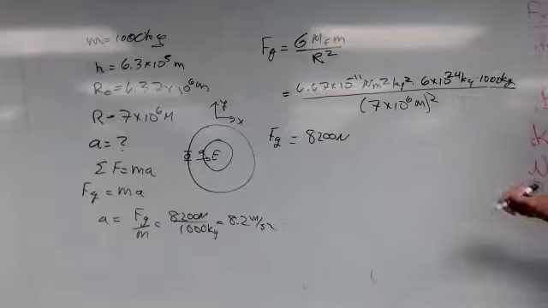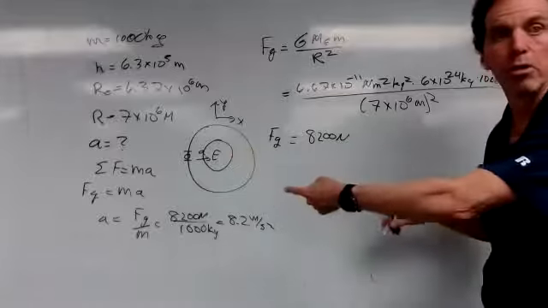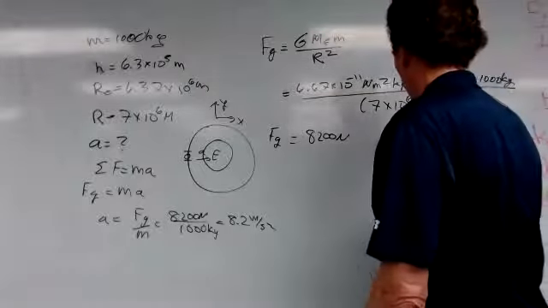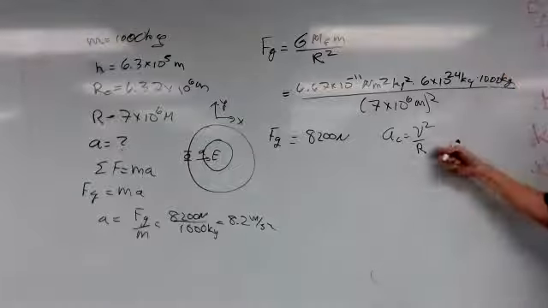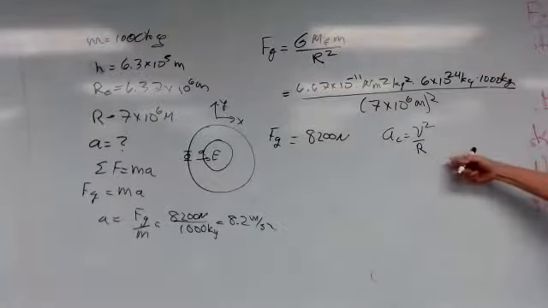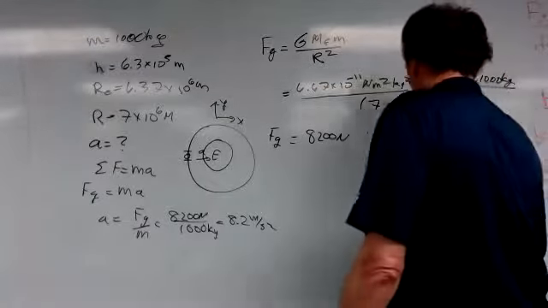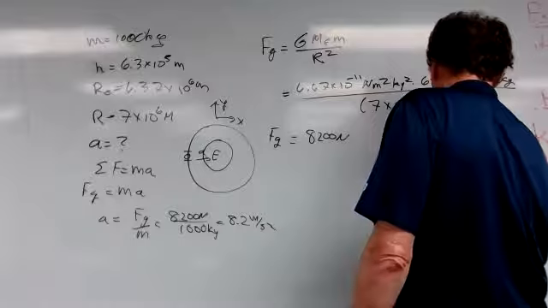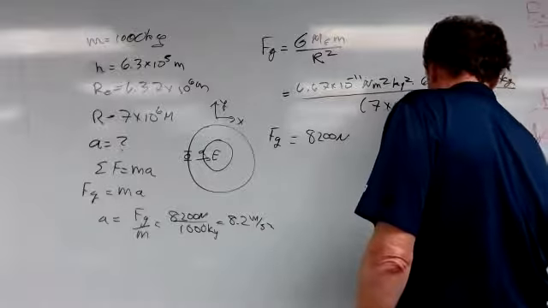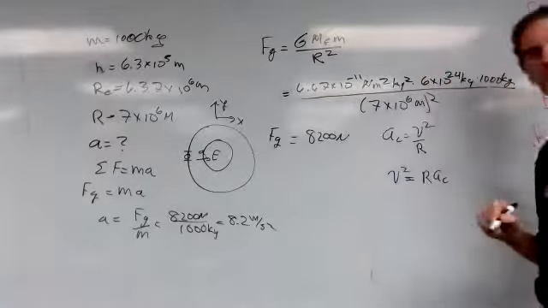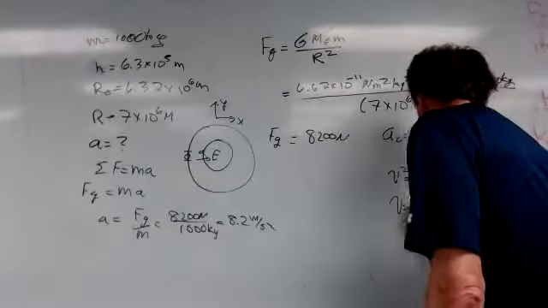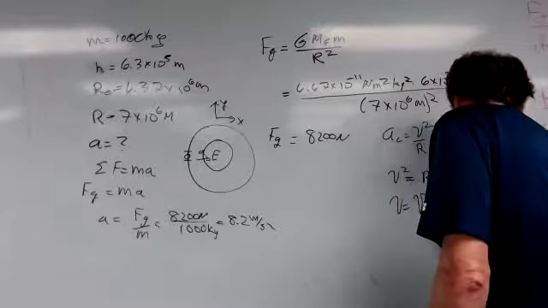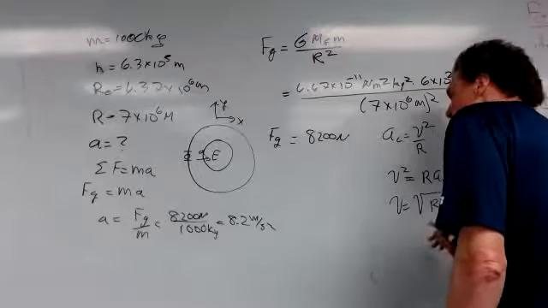Yeah. The acceleration here is a centripetal acceleration. And so a_c is v squared over R. That's where the v comes in, right? And so I get v squared is equal to R times the centripetal acceleration, or v is equal to the square root of the radius of the orbit times the acceleration.